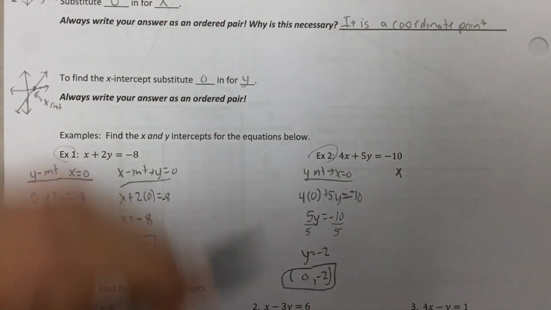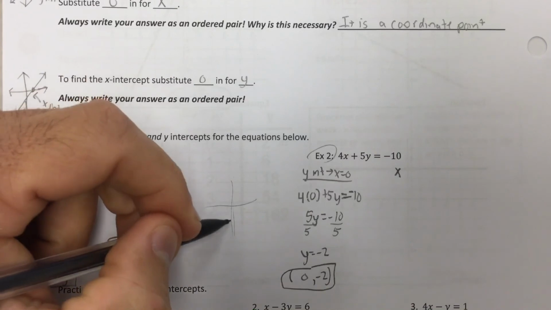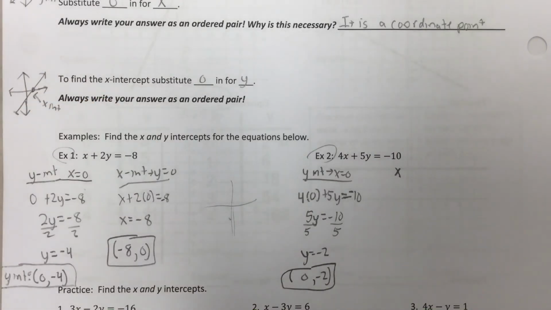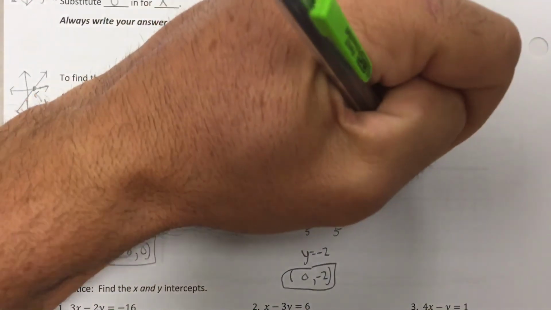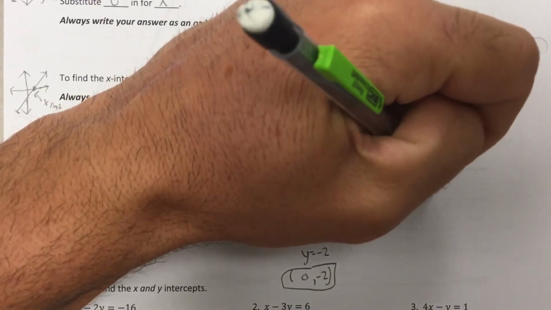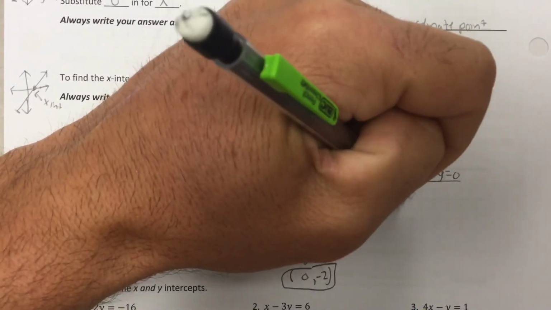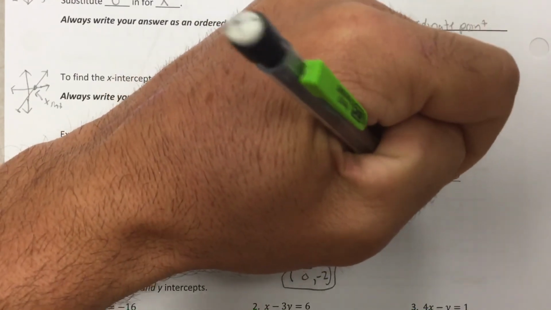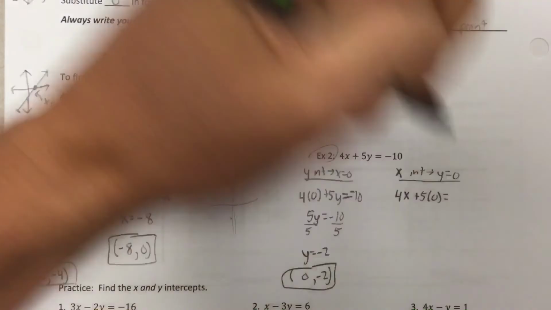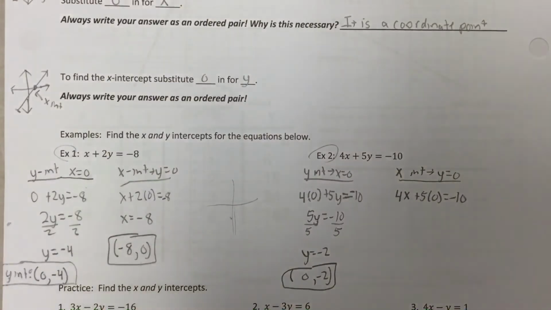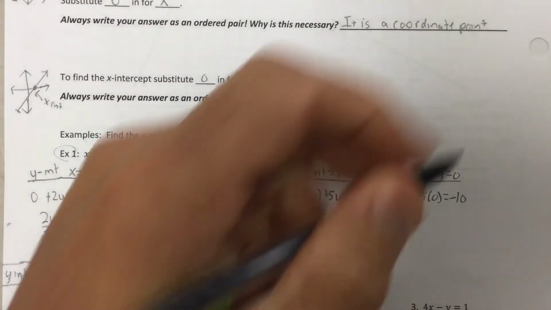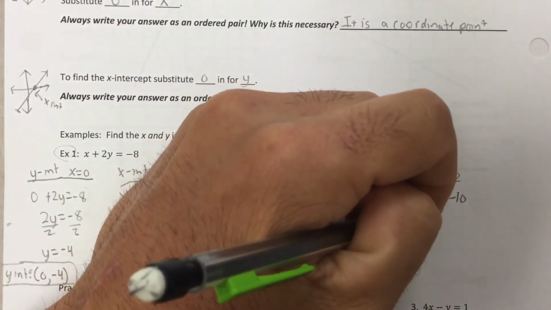Again, (0, -2). If I looked at a graph, (0, -2) would be down here. It's on the y-axis. If I look at my x-intercept, that's where I set the y equal to 0. So I'd have 4x plus 5 times 0 equals -10. 5 times 0 is 0, so I get 4x equals -10.